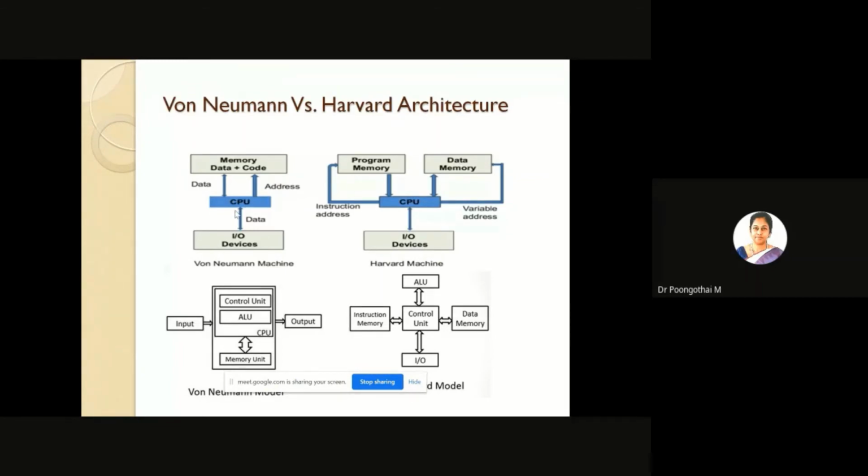In the first cycle, the processor gets the instruction from memory.